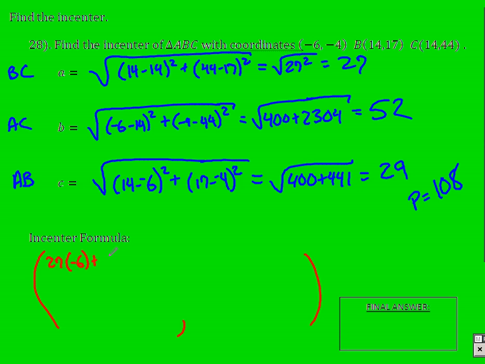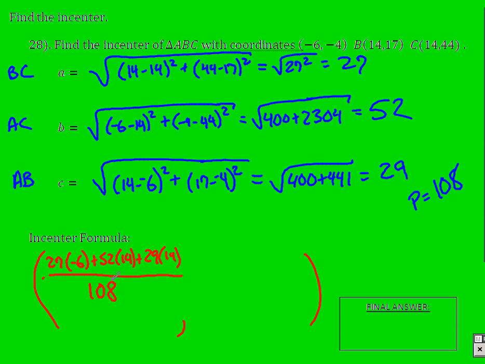Then we're going to add 52, which is the distance of B, times the x value of B, which is 14. And then finally, add 29, the distance for C, times 14, the x value for C. Then divide that by the perimeter, 108.